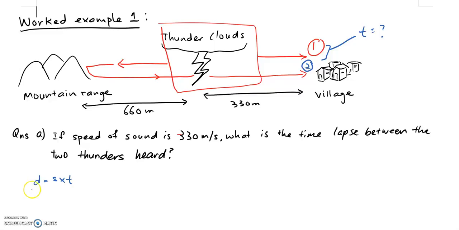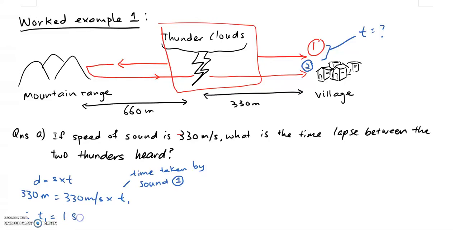We know that the distance traveled by the first sound is 330 meters, and that equals 330 meters per second times t1, where t1 is the time taken by sound 1. Therefore we can see that t1 is going to be 1 second.